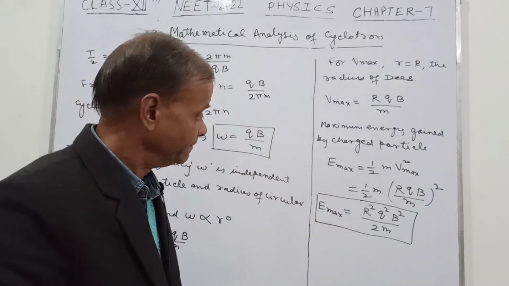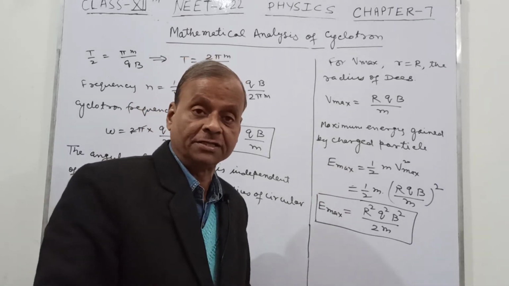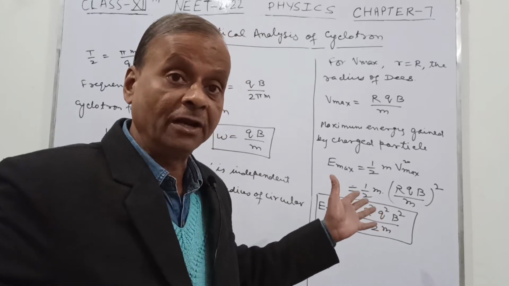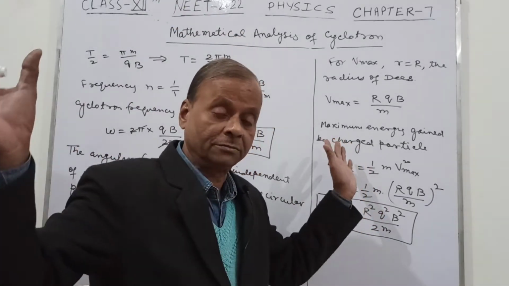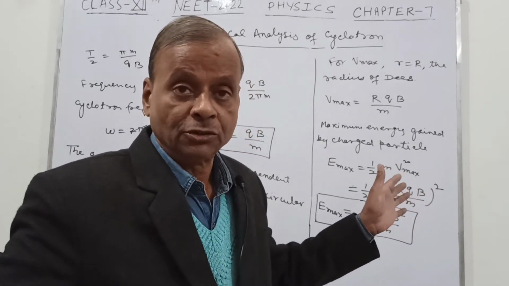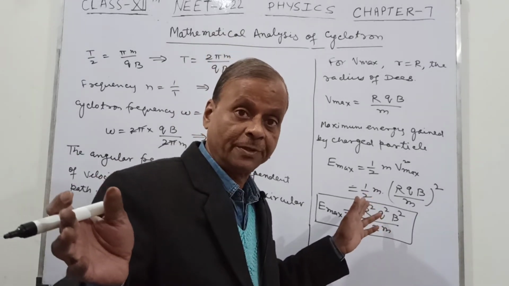It means that to increase the energy of the charged particle, D's must be of very large radius. So R must be large. q must be as much as possible, so this is a very high positive charge particle.